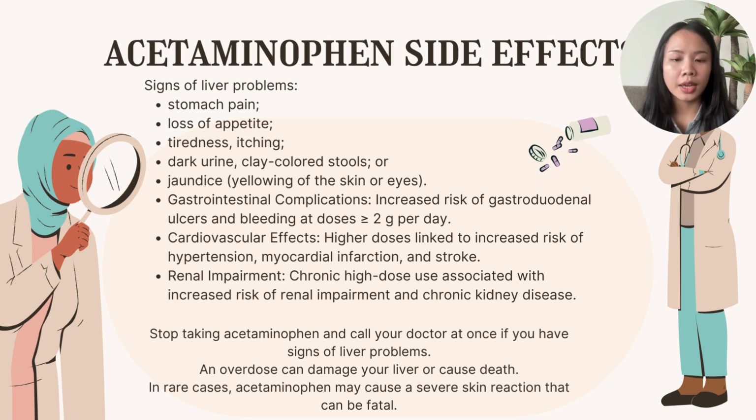So stop taking acetaminophen and call your doctor at once if you have signs of liver problems. An overdose can damage your liver or cause death. In rare cases, acetaminophen may cause a severe skin reaction that can be fatal.